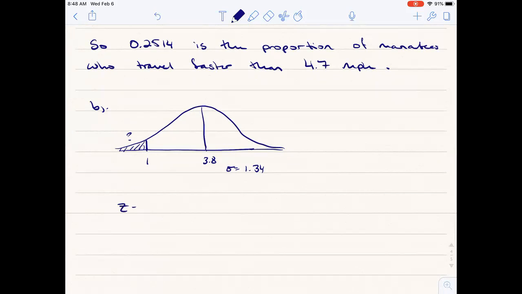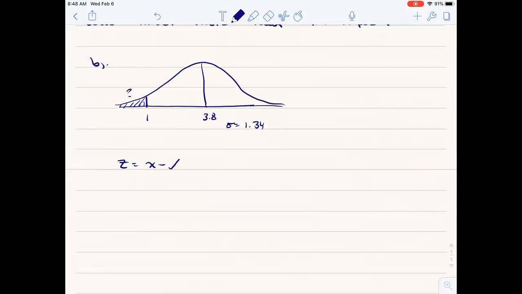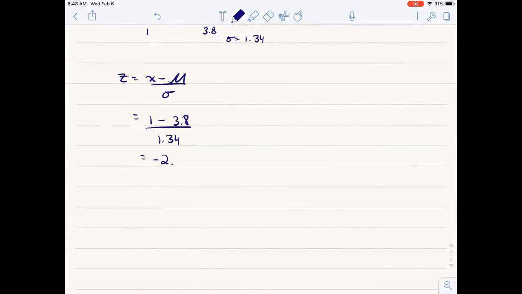So again, we have to calculate the Z score. Z is X minus mu over sigma. 1 minus 3.8 over 1.34 is negative 2.0895522239, which is approximately, rounding to 2 decimal places again, negative 2.09.